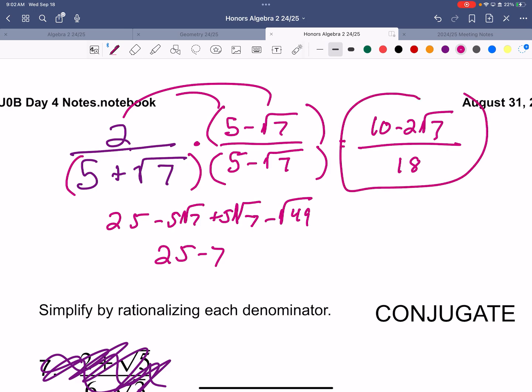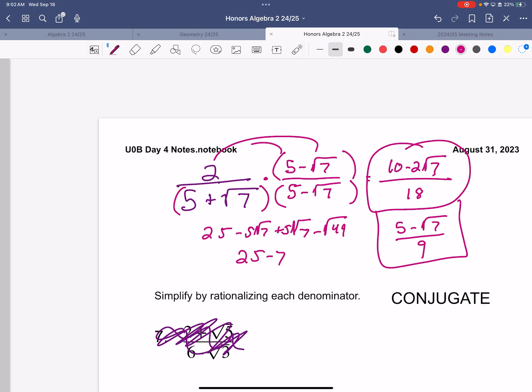Now, you could leave it like that, and I'd be okay with it. But because 2 goes into all of those, technically speaking, you can divide all of the numbers out front by 2. So you could put 5 minus radical 7 over 9. These two, again, are equivalent to each other. I'm okay if you don't simplify it, just so it's there.